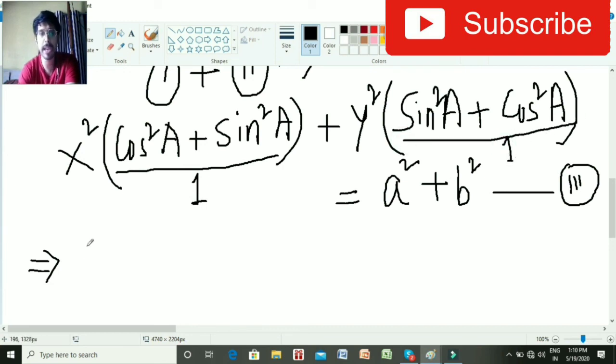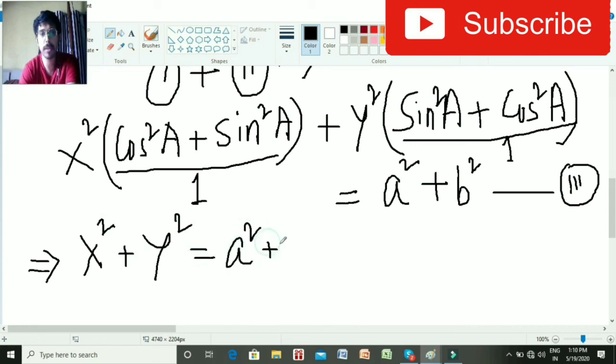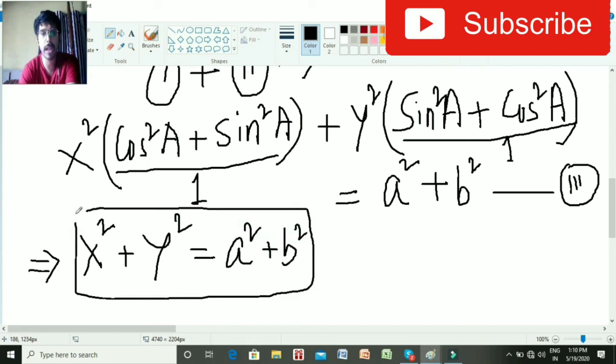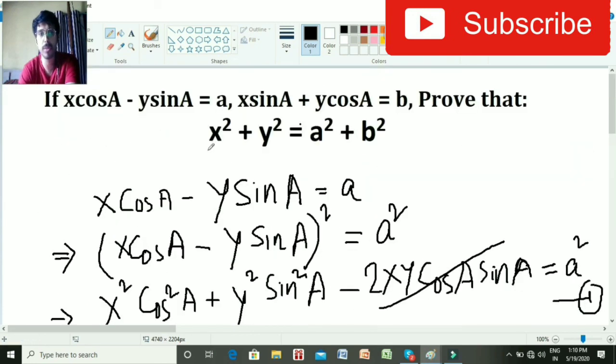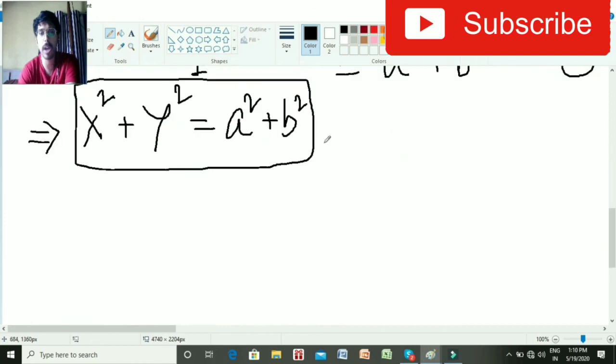So we can directly write x square plus y square equals a square plus b square. This is the final proof that we have in the question. The question was to find out x square plus y square equals a square plus b square. So this is how we have found our answer.